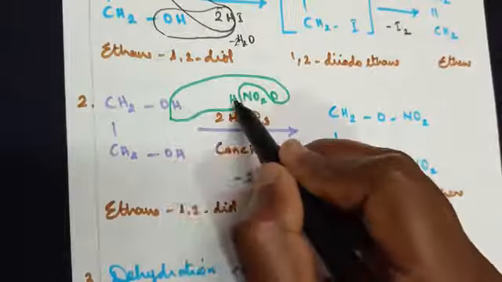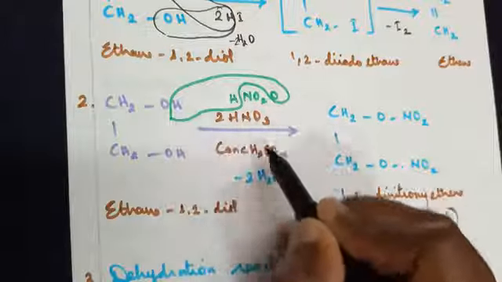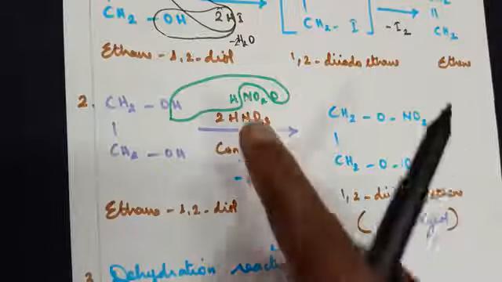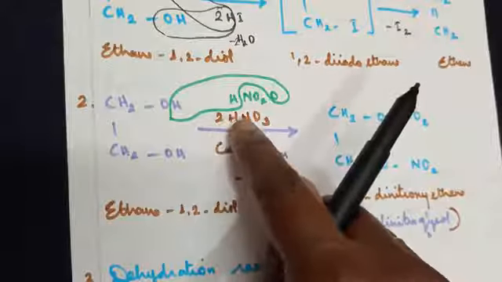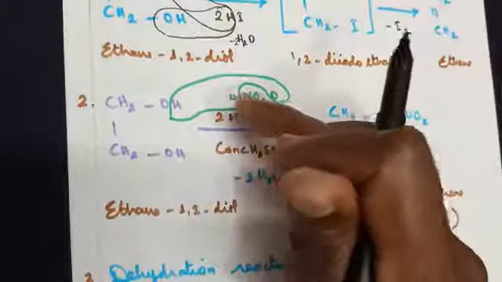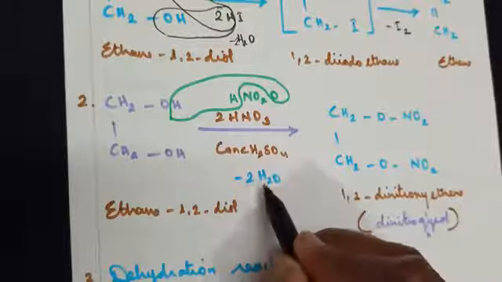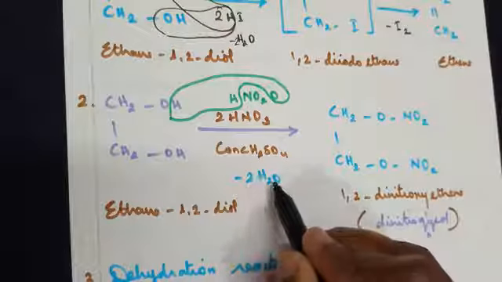Hydrogen from here and oxygen go out as H2O, one molecule of water. Because we are taking two molecules of nitric acid, a similar reaction also takes place: hydrogen from here, one more hydrogen and one more oxygen combine together and go out as another molecule of water.